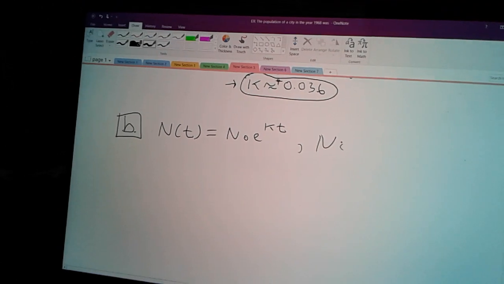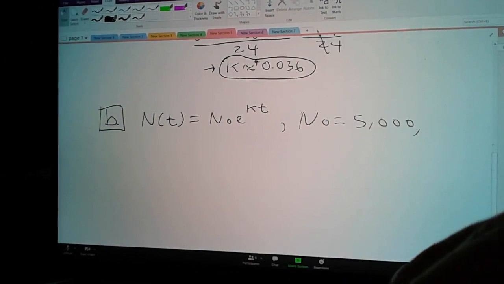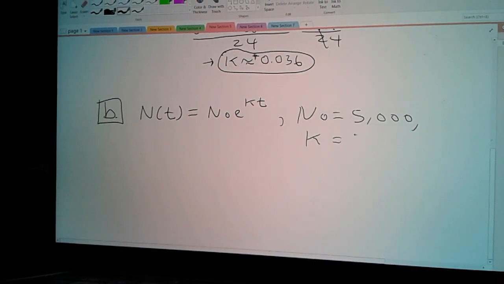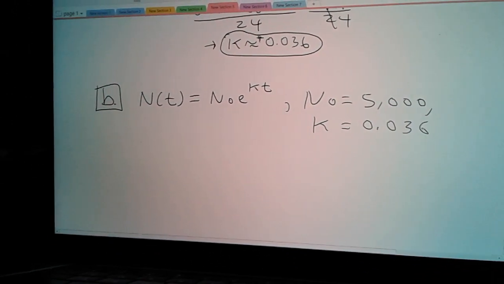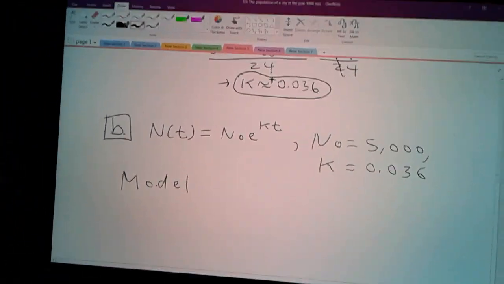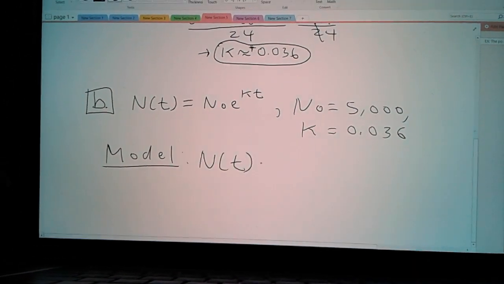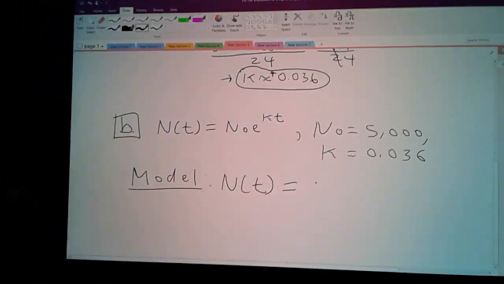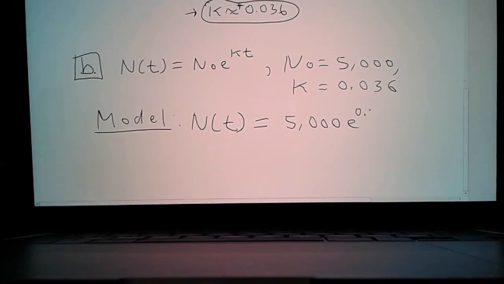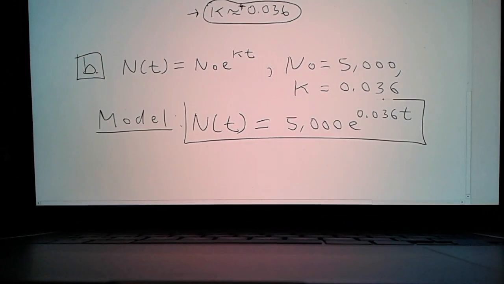So we say N naught is 5,000. And the k value, we just got that a minute ago, is the growth factor. So that was 0.036. So to model this, all I have to do is plug in those values, just like with the caffeine problem. So I have N of t is equal to 5,000 e to the 0.036t. That's my exponential model for this.